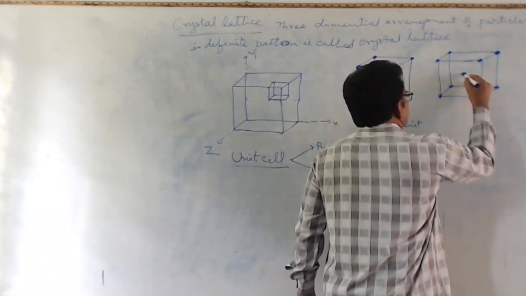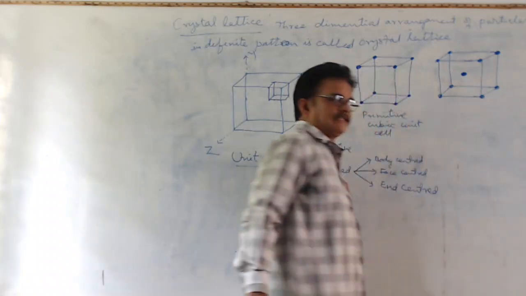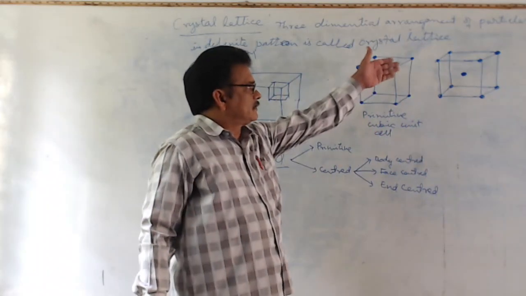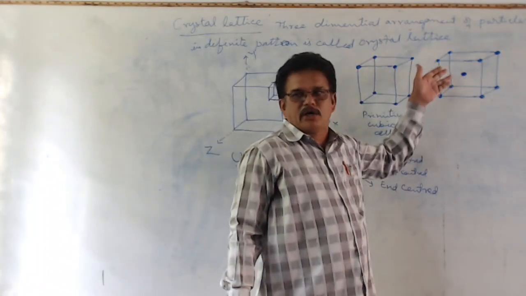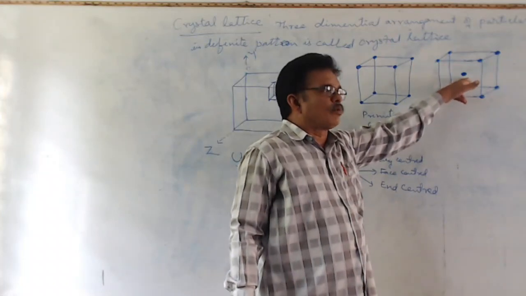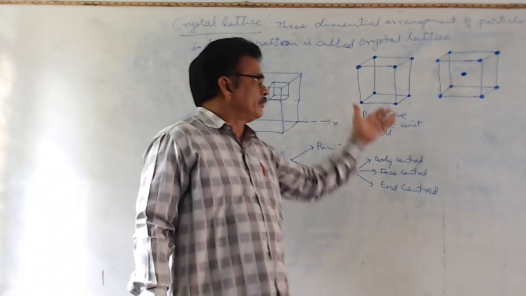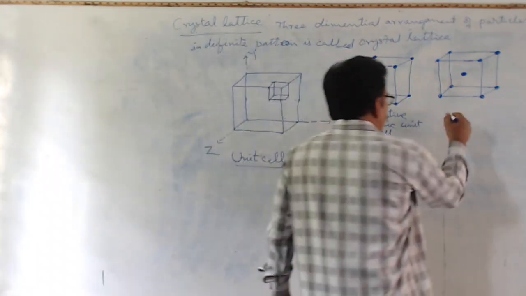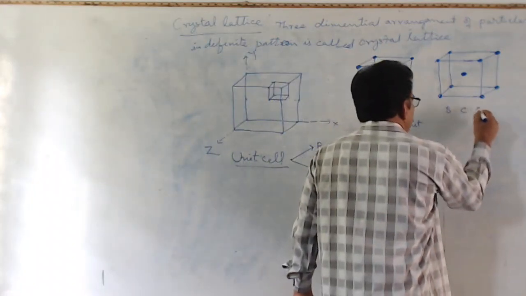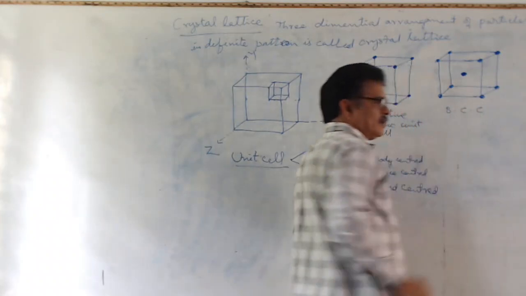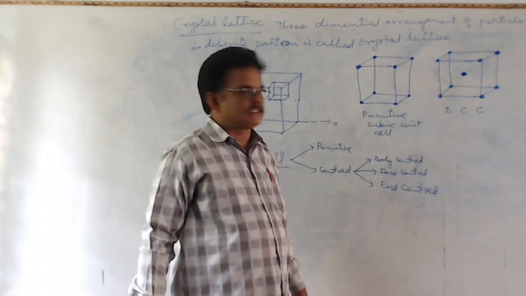If we join the body diagonals, they meet at one point. That point becomes the body center in the cubic unit cell. So this is the body-centered cubic unit cell, BCC.